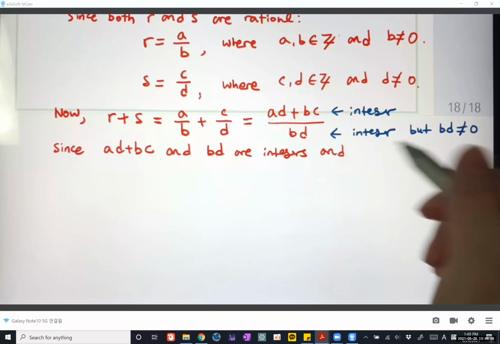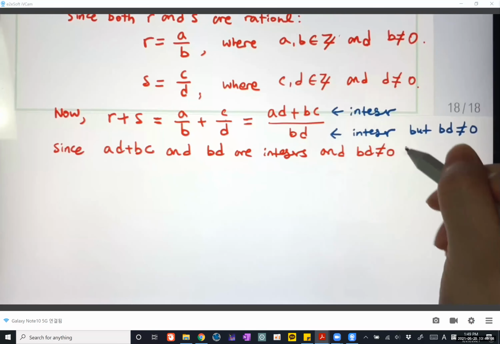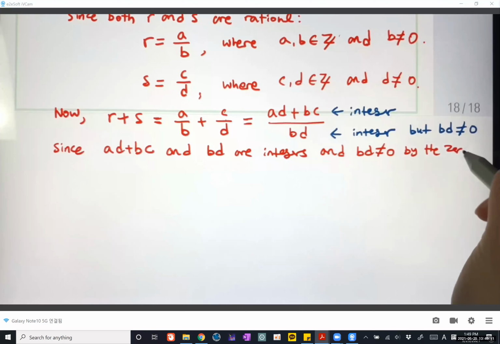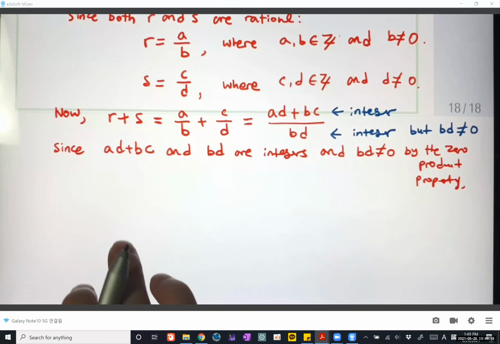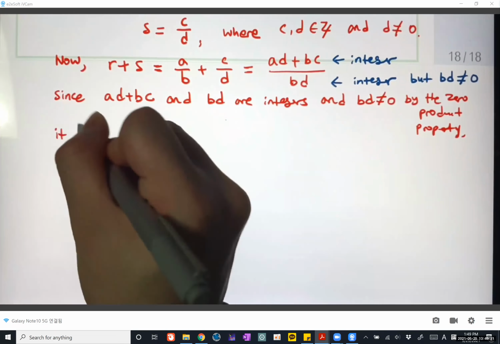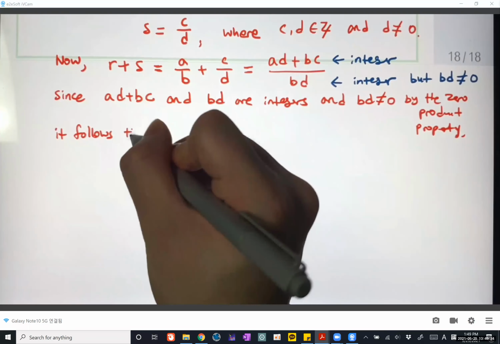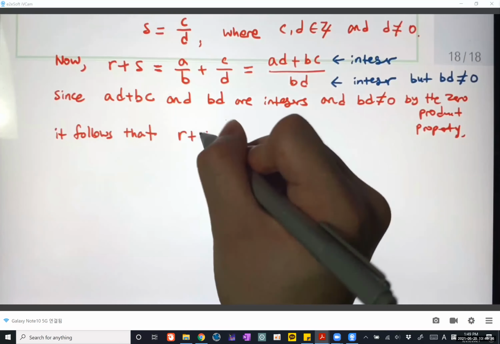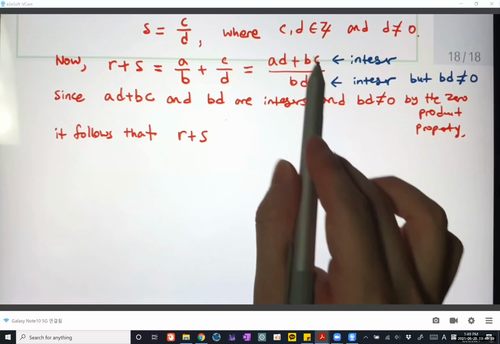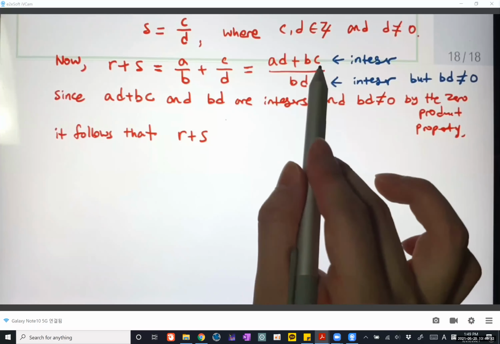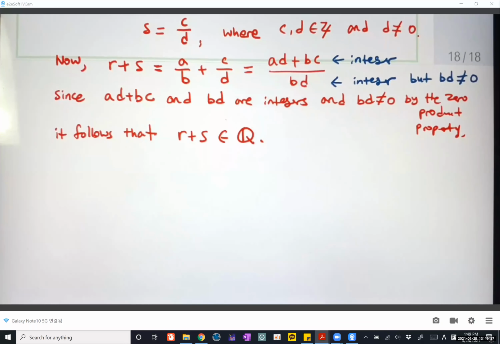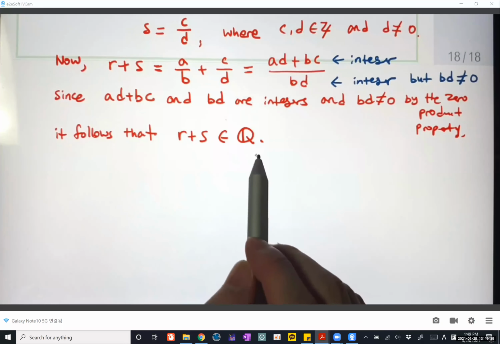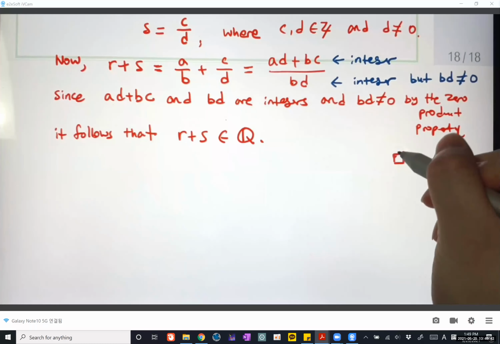And BD is not equal to 0 by the zero product property. Everyone, it follows that R plus S is indeed a fraction AD plus BC over BD, which means in Q. Congratulations, everyone. This is what we wanted to prove. Like so.